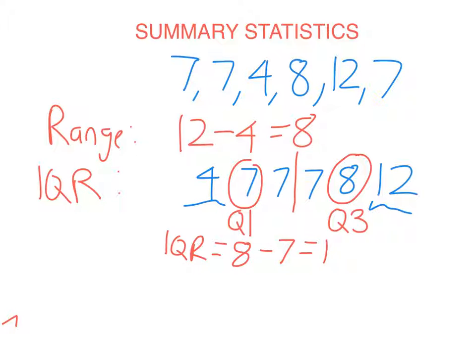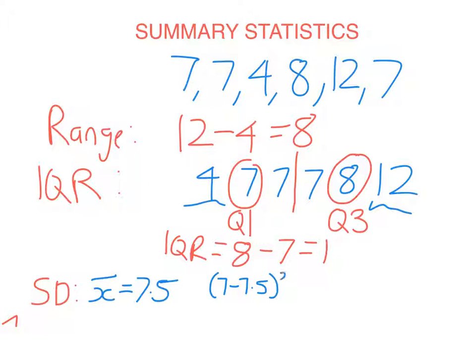The last measure of spread that you've gone through is the most complicated. It's the standard deviation. So remember, to calculate that, we have to do a series of steps. So the first thing we have to do is calculate the mean, which I did earlier is 7.5. Then we take each score, subtract the mean and square it, and then add all those up.